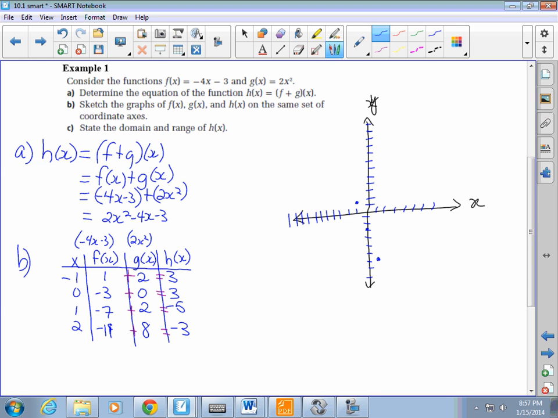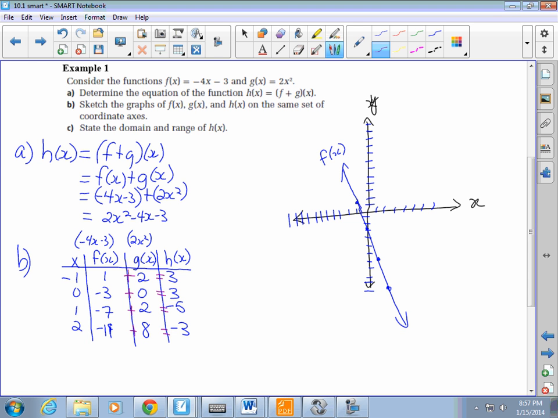And finally 2 and -11. Well, I put my -11 there, so 8, 9, 10, 11. So that puts me about right there. So if I draw this relation, it's a straightish line. Pretend this is a straight line. So that is f of x.